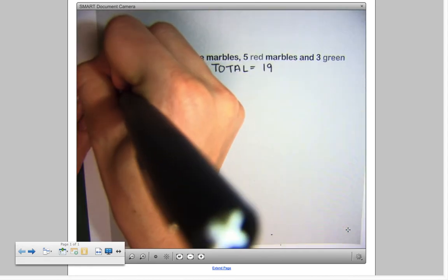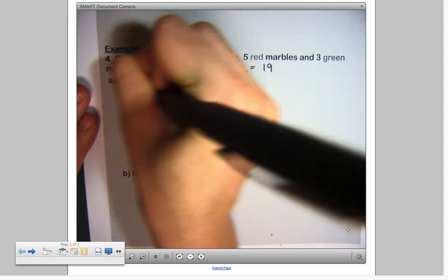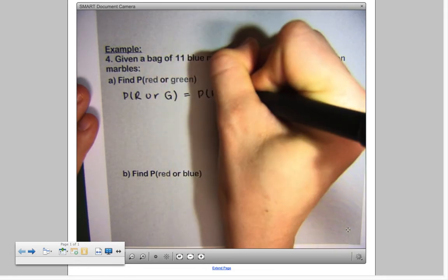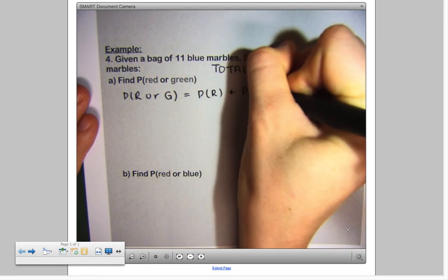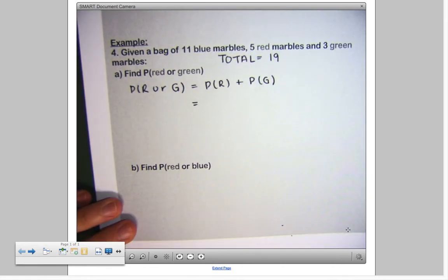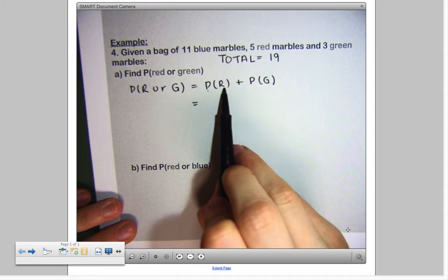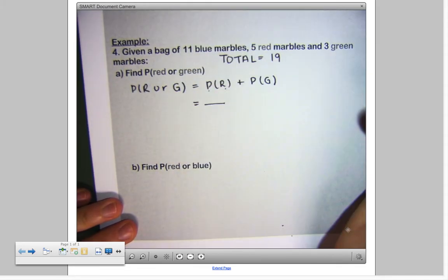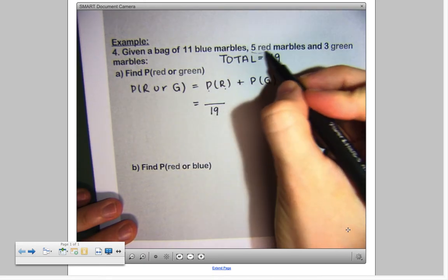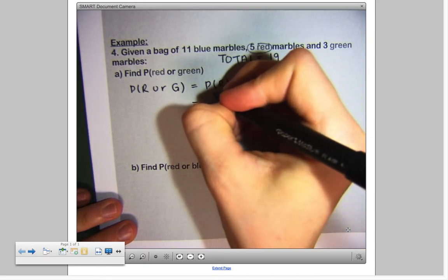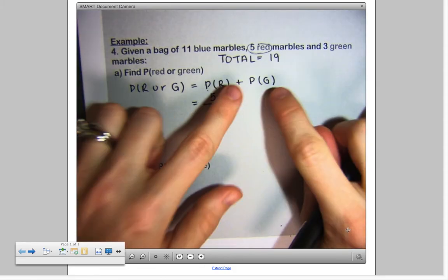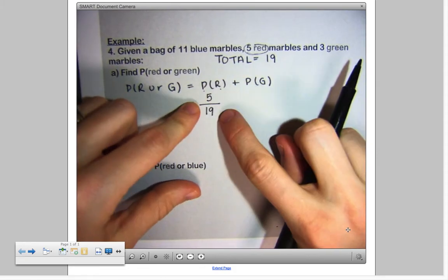So probability of red or green is equal to the probability of red plus the probability of green. So let's just look at the probability of a red marble. So we know our denominator is the total, which is 19. And there are 5 red marbles. So the probability of red is 5 out of 19. Okay, these do not affect each other, so their probabilities are just separate.